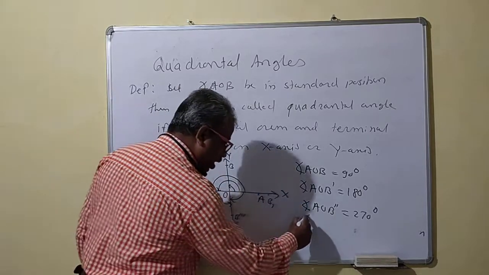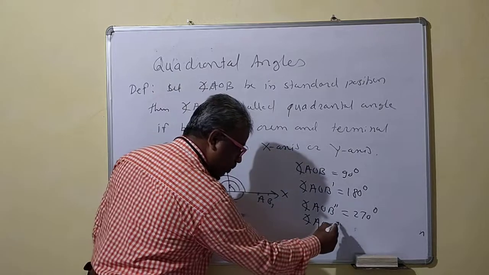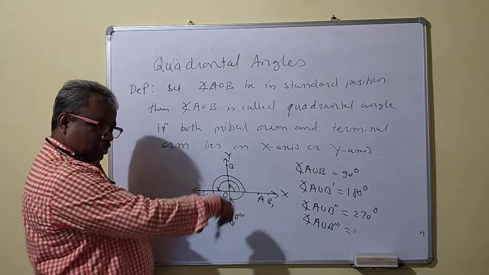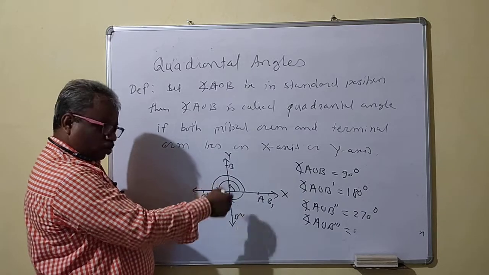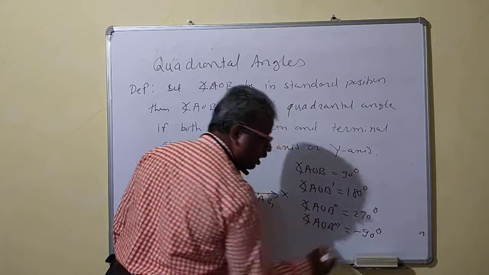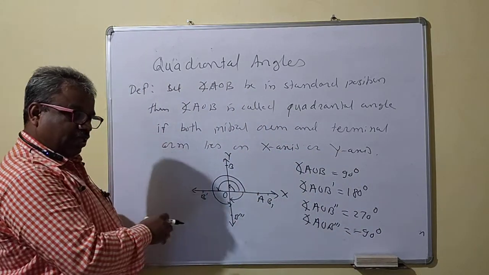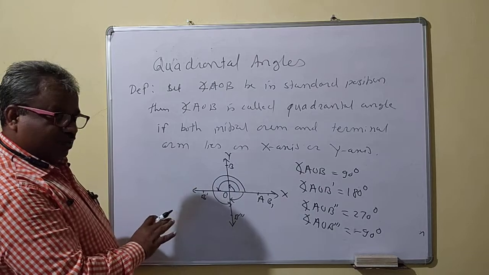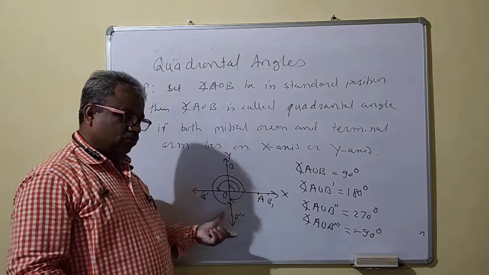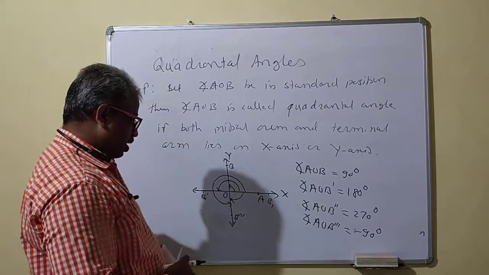And this angle AOB double prime, now this rotation is negative, that means it is clockwise, so we take the measurement as negative. Note that the measurement is always positive, but to determine whether the rotation is clockwise or anticlockwise, we write the minus sign, right?